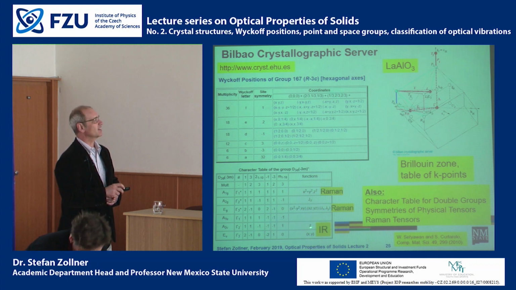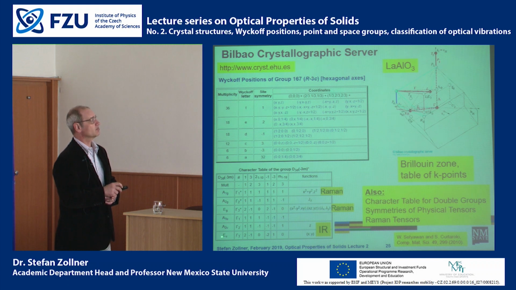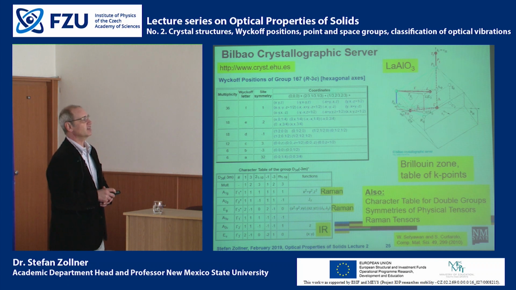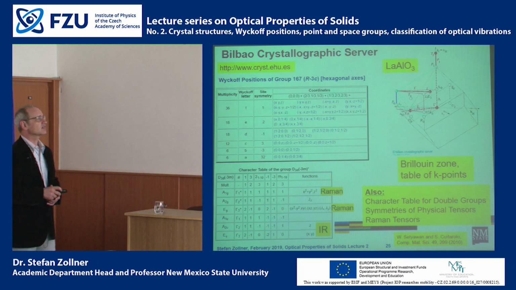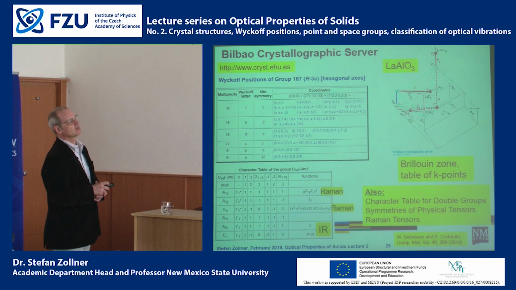It transforms like Z, and this is a two-dimensional representation, and it transforms like X and Y. So if a representation transforms like x, y, z, then that looks like a vector, it transforms like a vector, and therefore these are the infrared vibrations.